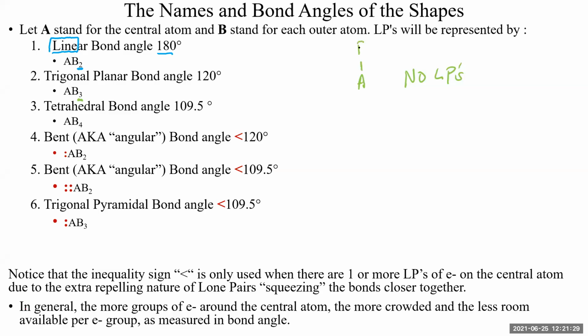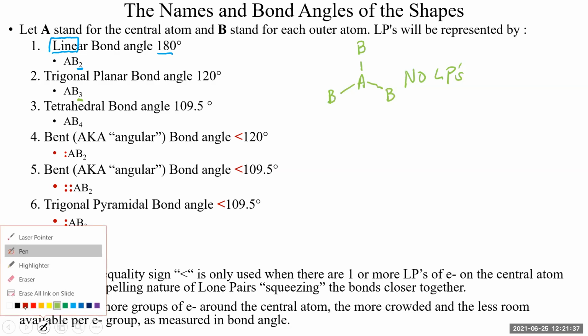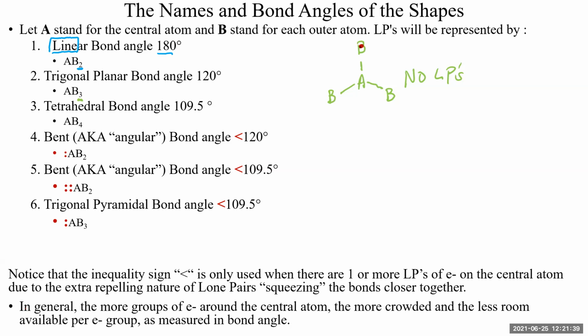So we draw the shape like this. There's a 120-degree bond angle. In other words, when we measure the angle, say we start from this point here, we draw a line here, and then we draw a line out to here. So outer atom to central atom to outer atom again, that angle measures 120 degrees.